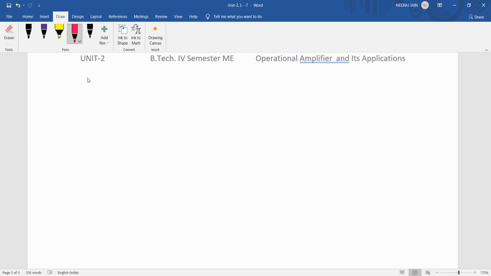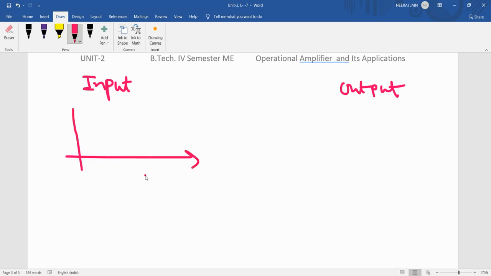This is the input waveform and this is the output waveform using the differentiator.